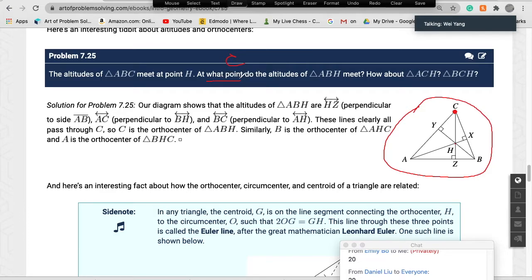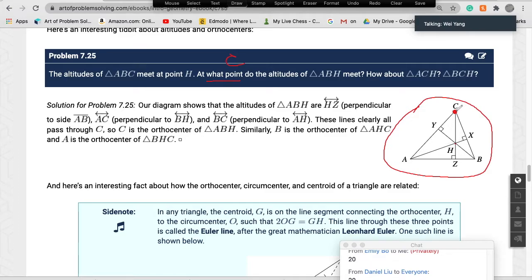At point C do the altitudes of ABH meet. The reason is HZ extended to here. Then when you draw the altitude of AH from B, that will be BX. When you extend it, they will intersect at this point C. When you draw the altitude to BH from A, that will be AY.